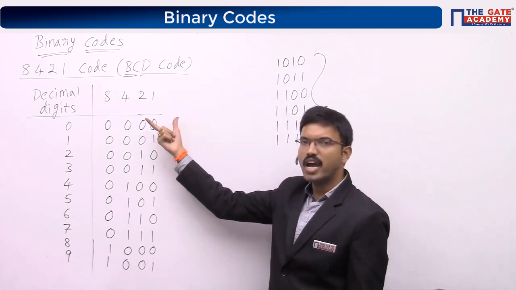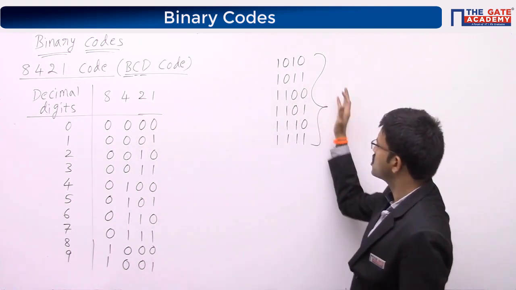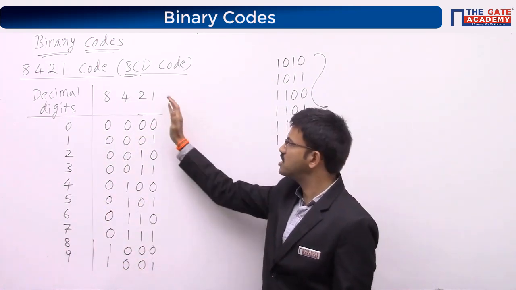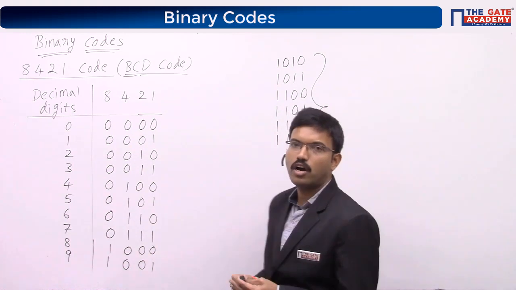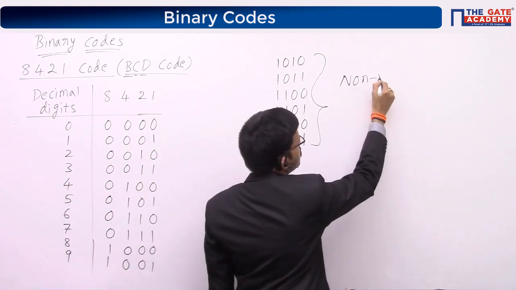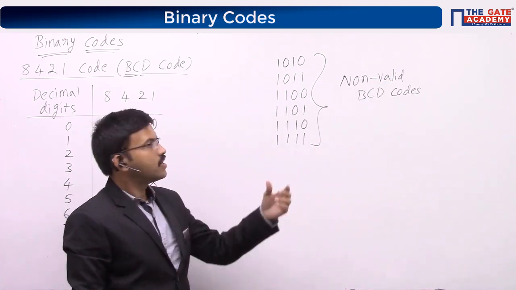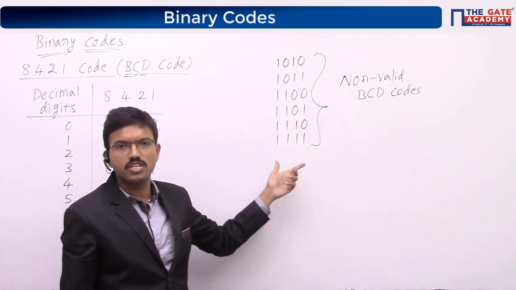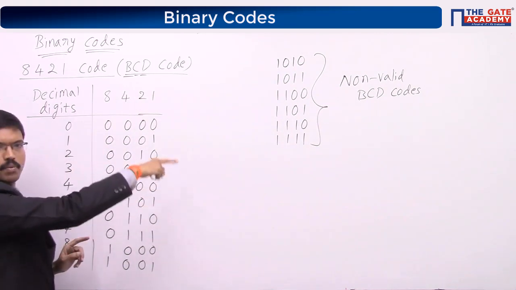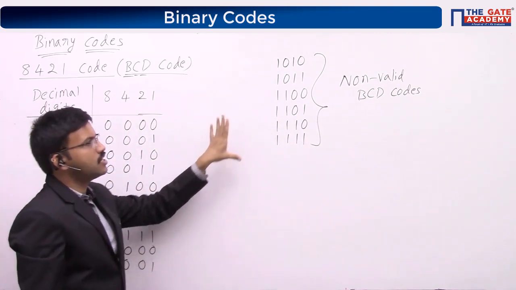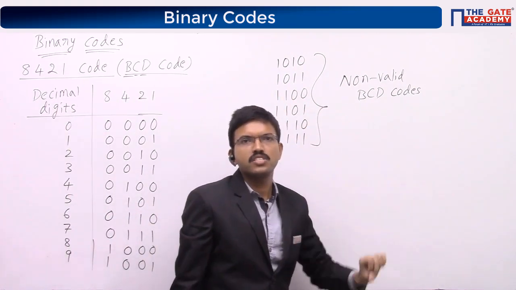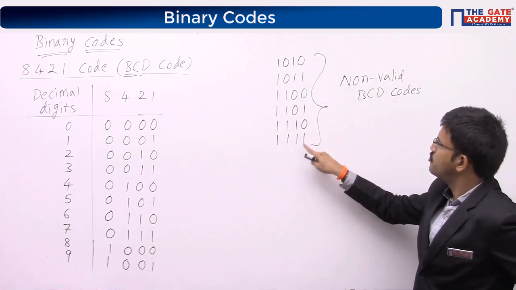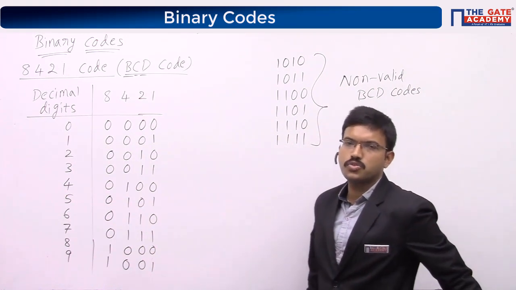But since you are having 4 bits total, you will get 16 combinations of zeros and ones. But among which only these 10 combinations are valid BCD. These 6 combinations are non-valid BCD codes. See, in the binary, these numbers will exist. But for this code, binary coded decimal, these are not valid. Say 1010, 1111, these are not valid BCD codes.